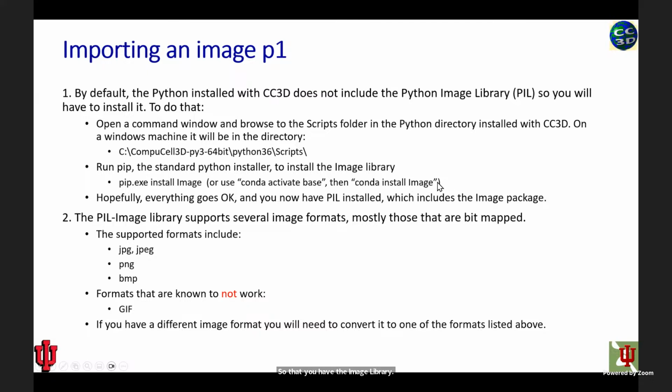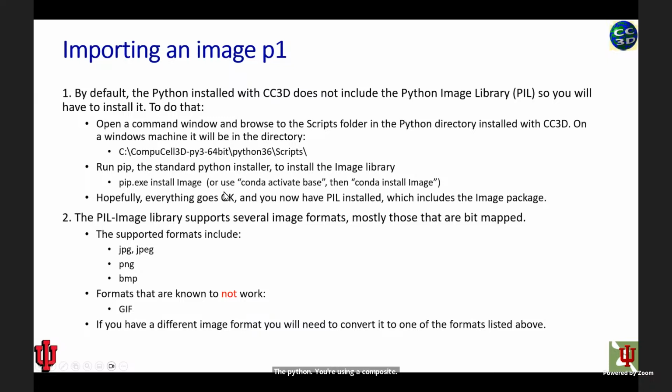If you can figure out how to do that, there are dozens of image manipulating programs in Python. There's all kinds of things to try to find edges and normalize images and do all kinds of other things. If you'd really like to, you can import any of those image packages into the Python you're using in CompuCell.